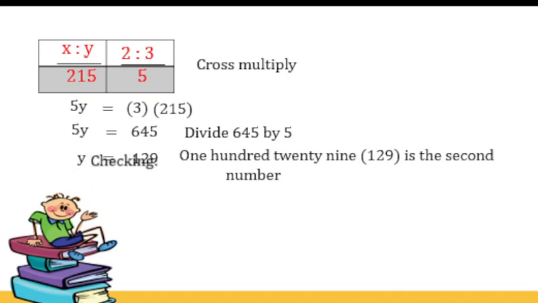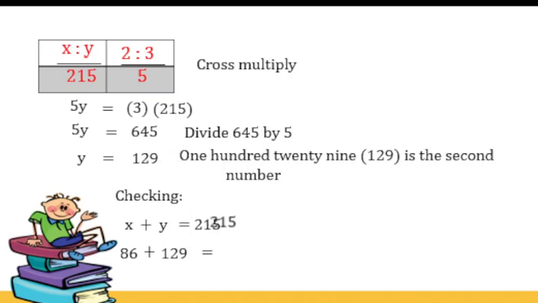And to check, x plus y is equal to 215, and x is equal to 86, and y is equal to 129. And then if we get the sum, it is equal to 215. Again, 215 is equal to 215.